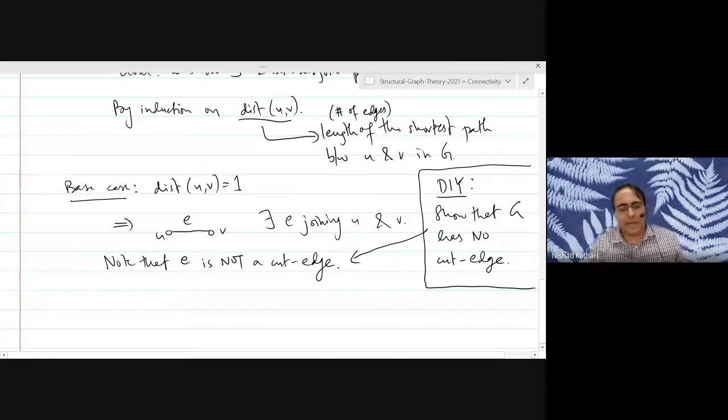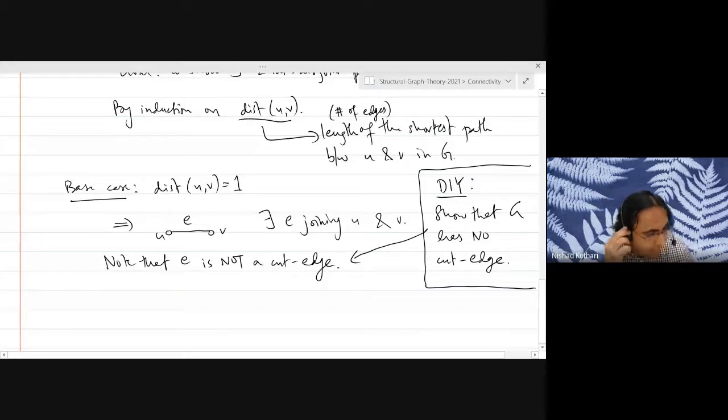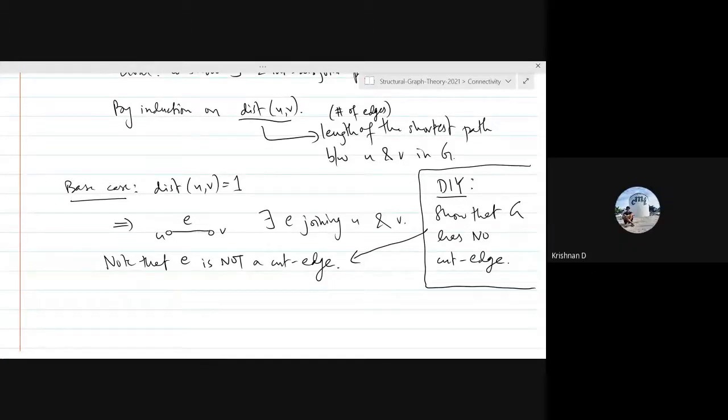We want to find a cycle containing U and V. What should I do? The equivalent characterization of not having a cut edge. Not having a cut edge will give us that UV is indeed a part of a cycle.